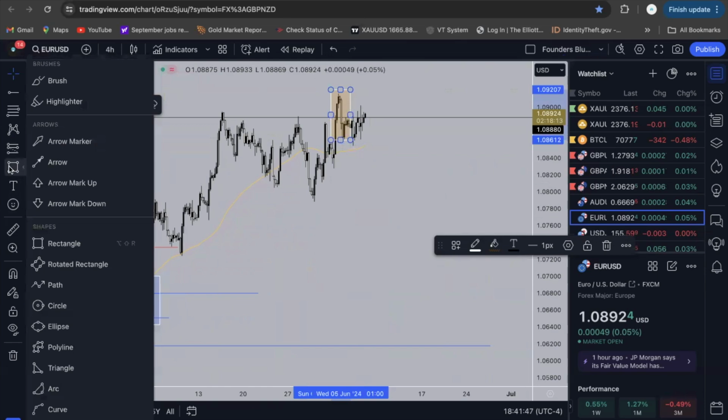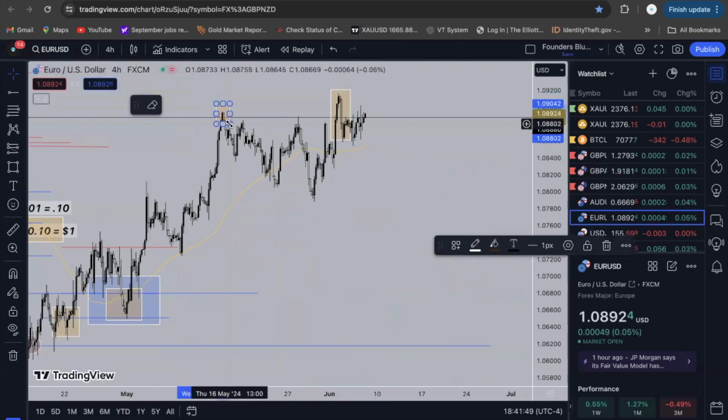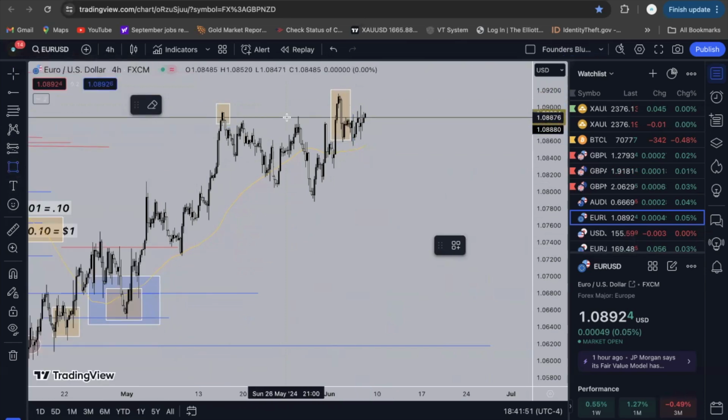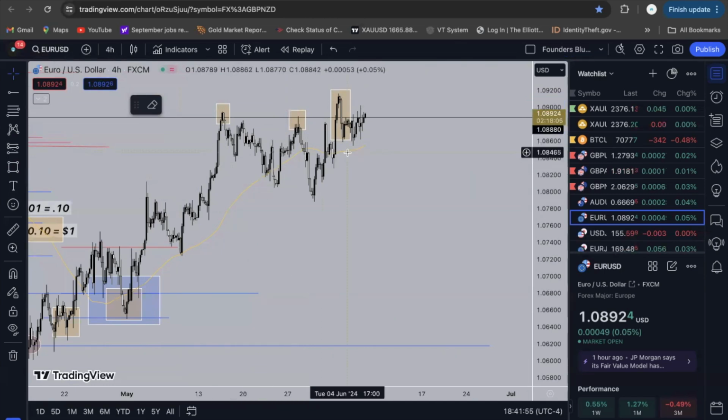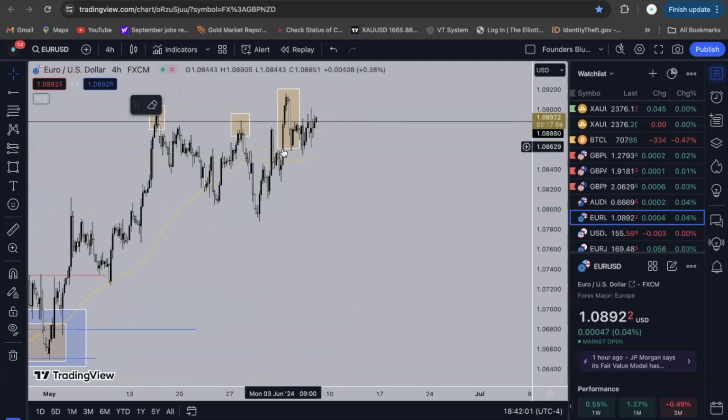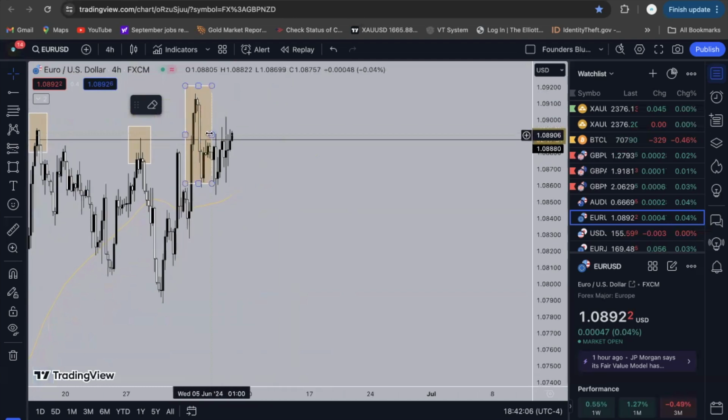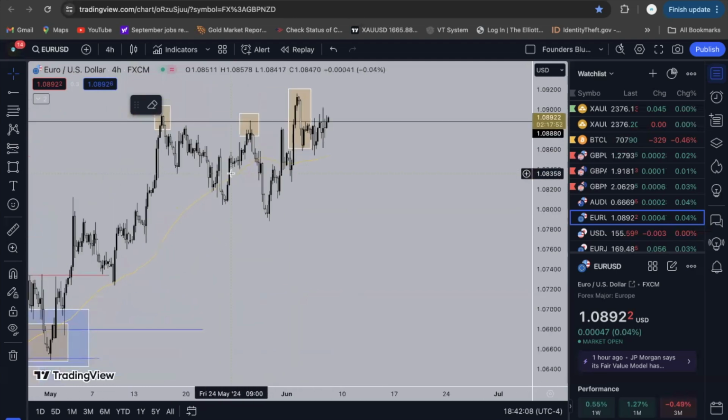Sellers. Y'all see that? Yes. What would this be considered right here? Overlap. A potential overlap. Yep.